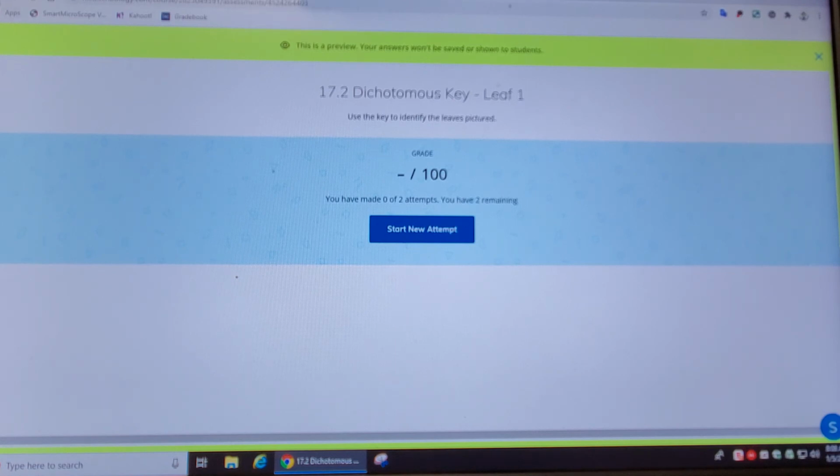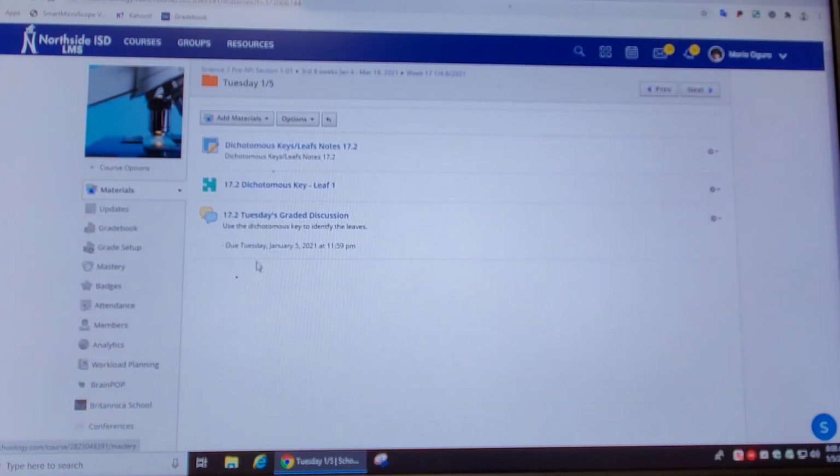And in addition, let me go back and see, you have the graded discussion. So you have the notes, which we just completed, the dichotomous key, leaf 1. So you're going to use your notes that we just did for this first leaf. And then there's a graded discussion question that you will probably also use the notes that I just reviewed.